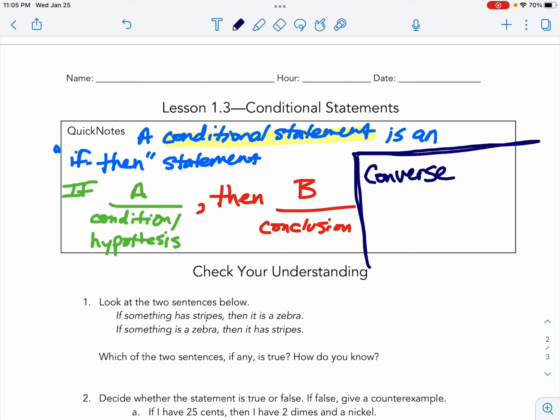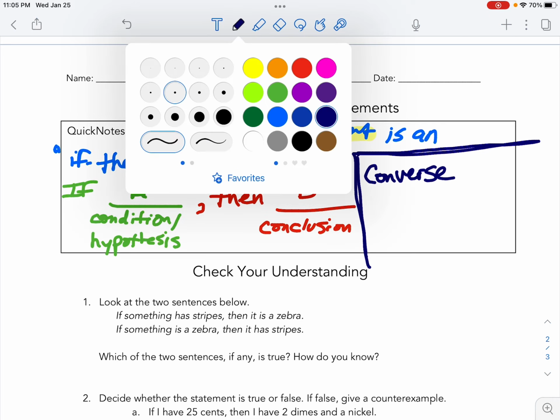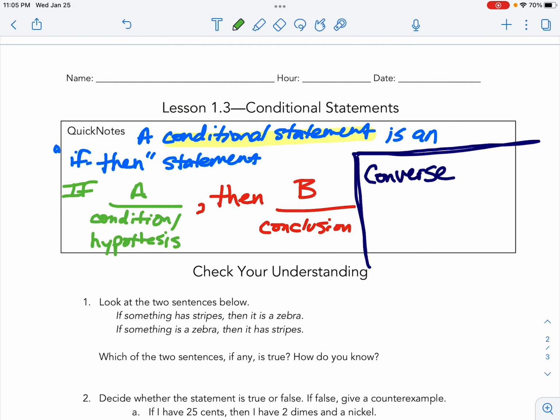So we would see something that would appear like this. Again, just trying to color coordinate this. We would have if, and our conclusion comes into play first, then A.